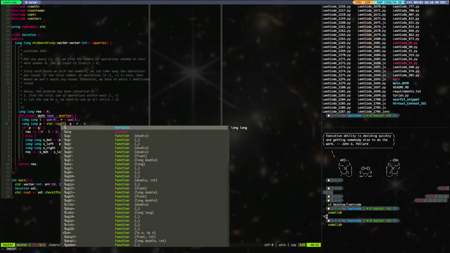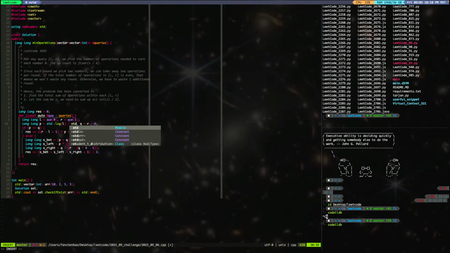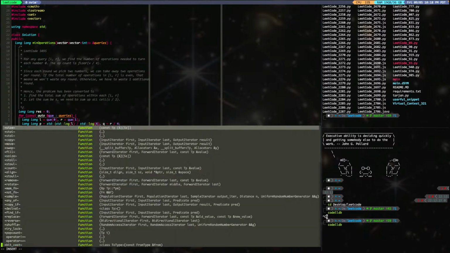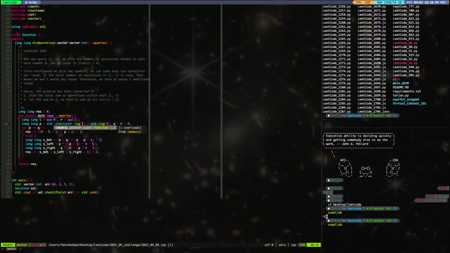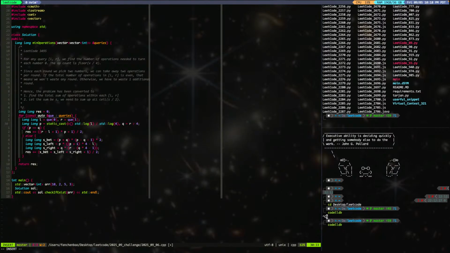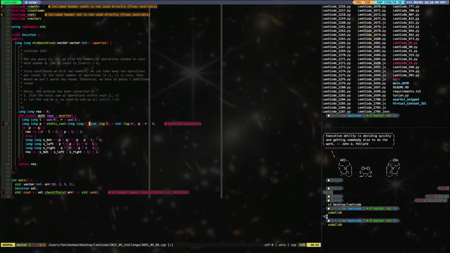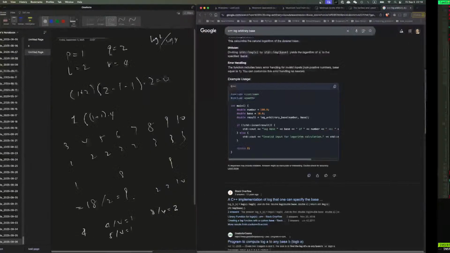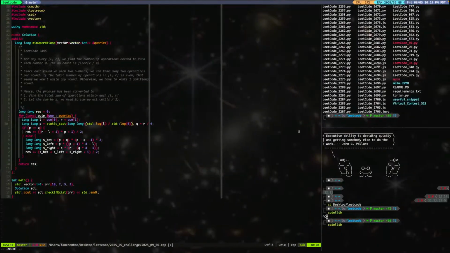So log L divided by log 4, and then the whole thing static cast to long. Okay. Number of operations plus 1, right?